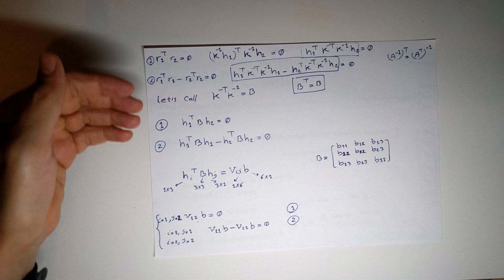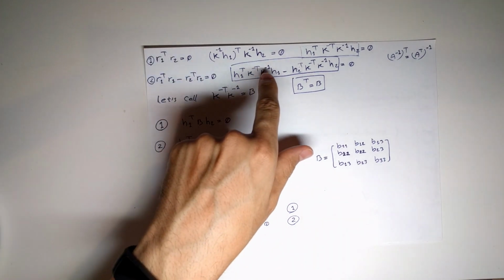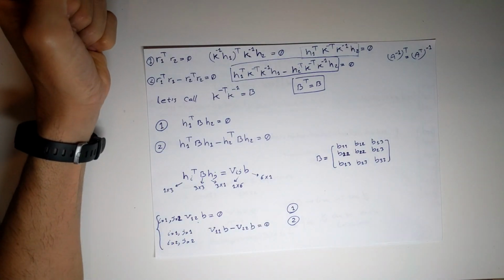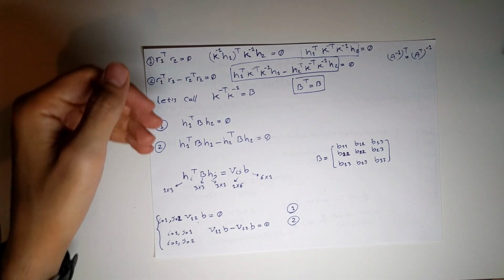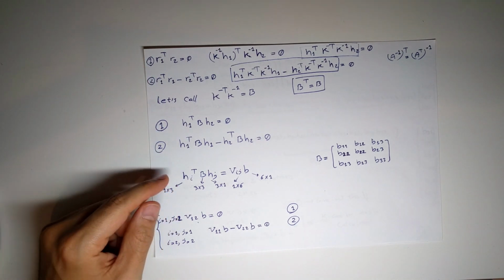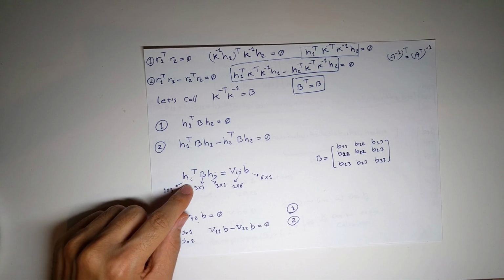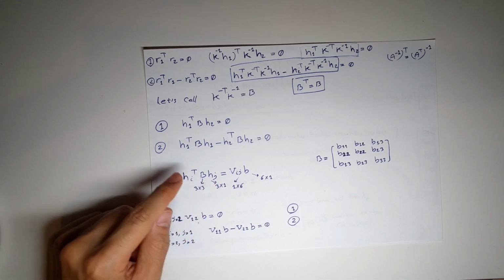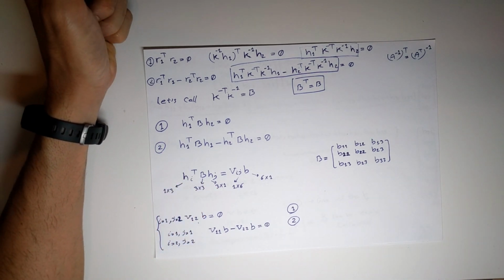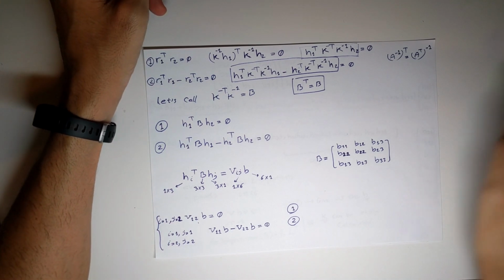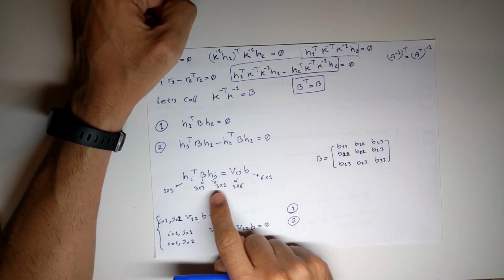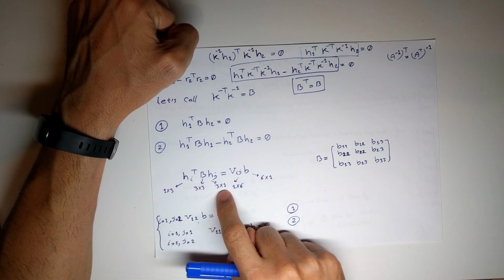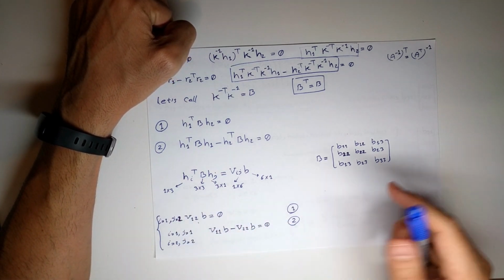Okay, let's put B here in these two equations. And let's define a new matrix, Hi transpose B Hj, and compute it for different values of i and j. So 1 by 3, 3 by 3, 3 by 1, should be 1 by 1, should give us a value.